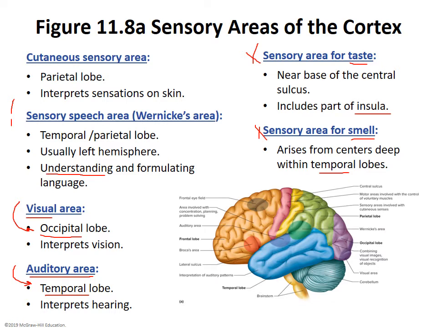It's going to hear it, and then it's going to analyze it and decide. And again, remember our little dividing line here, so we're on the sensory side. Wernicke's area is here. You don't have to know, it's kind of right in between. It's got a little bit in the parietal lobe, a little bit in the temporal lobe.